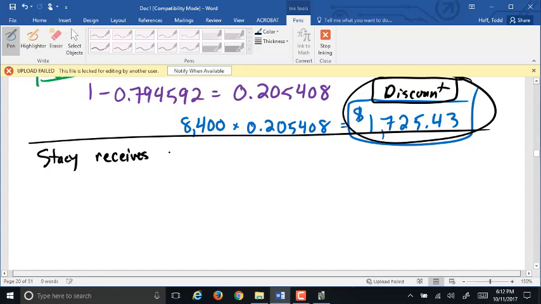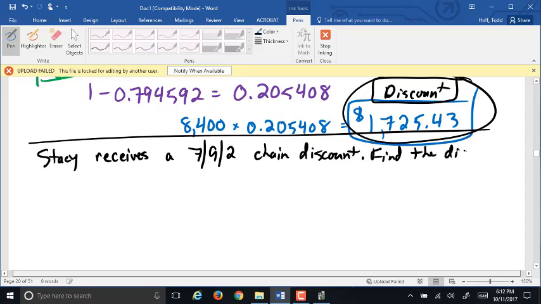So Stacy receives a 792 chain discount. What's the difference between a trade discount and a chain discount? Nothing. They're the same thing. A chain discount is a kind of trade discount. They work the same. So Stacy receives a 792 chain discount.